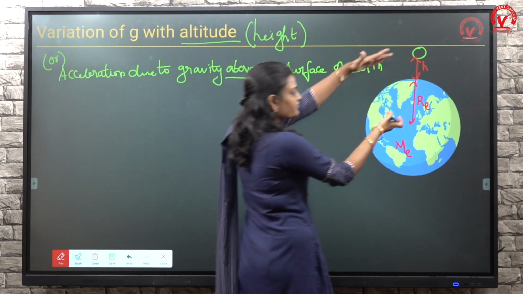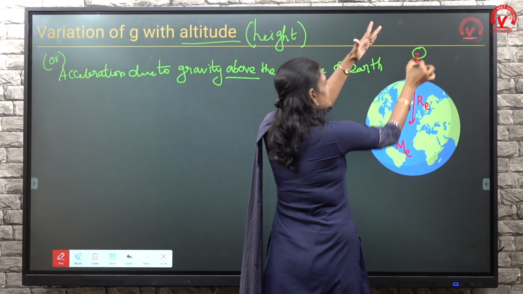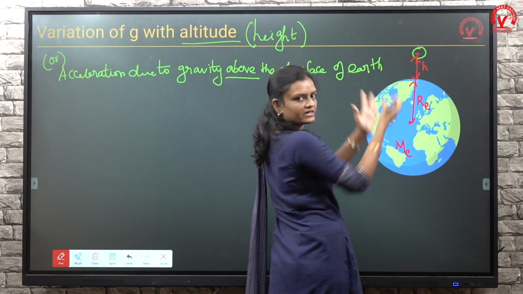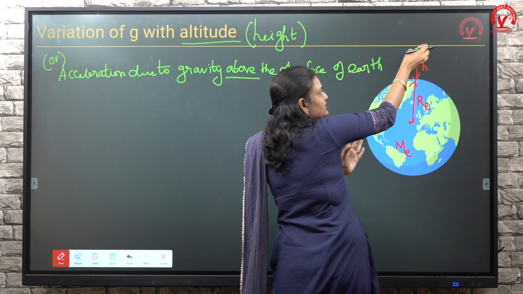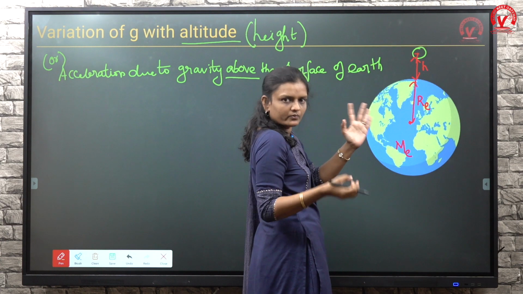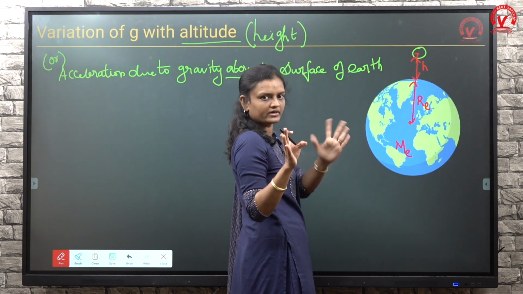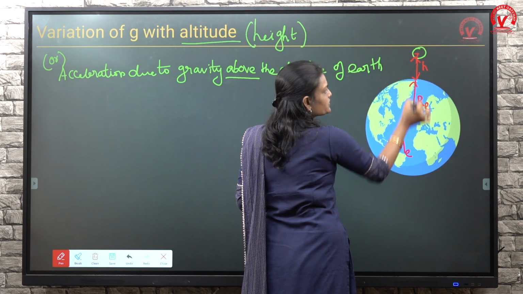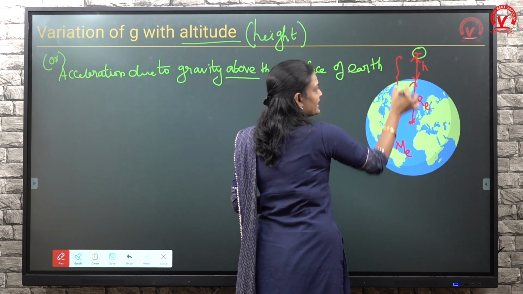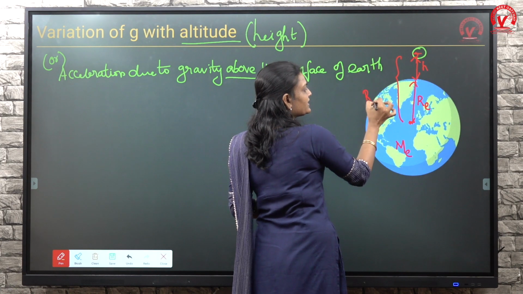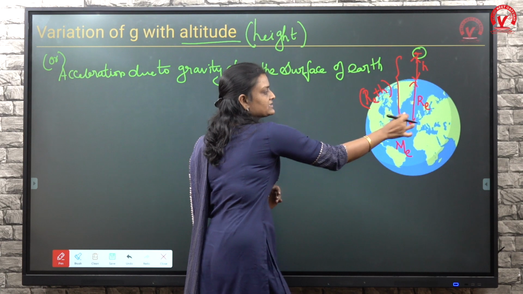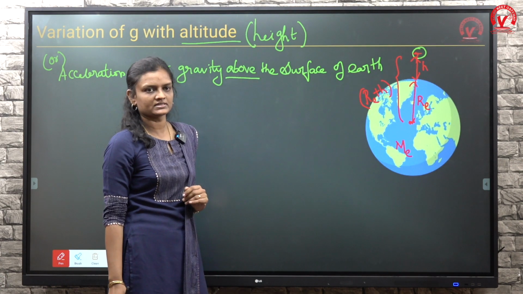We want to calculate from the center to the object's center. When this object is falling down, what is the acceleration due to gravity? What is the distance? We can take this total distance as Re plus h.